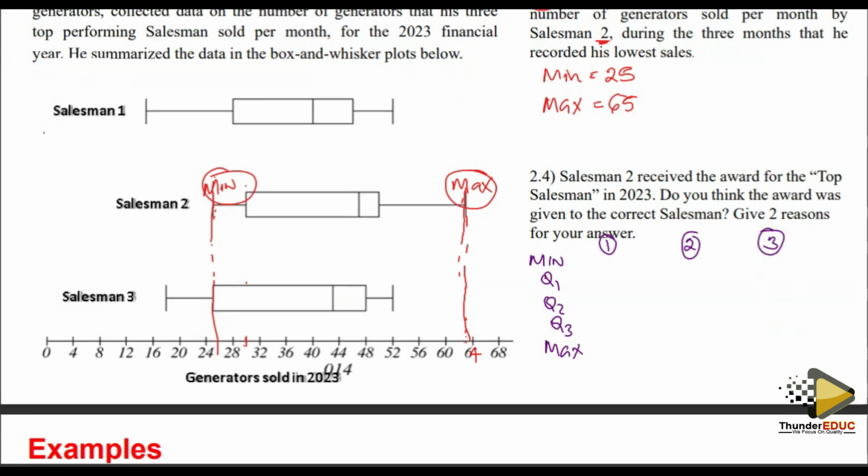The minimum value of salesman number 1, we see it as around 15 or 14. The minimum for salesman number 2 is approximately 25. Then the minimum of salesman number 3 is approximately 17. Then Q1. Q1 for salesman 1 is around 28.